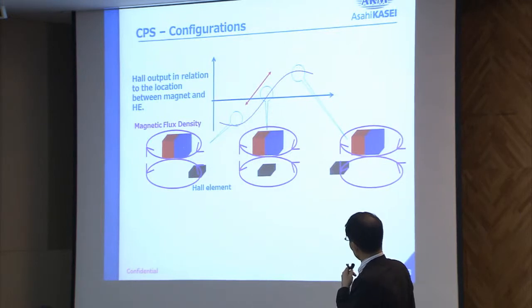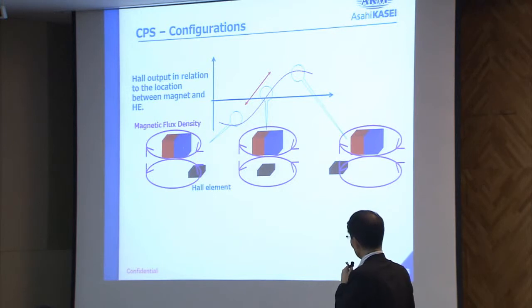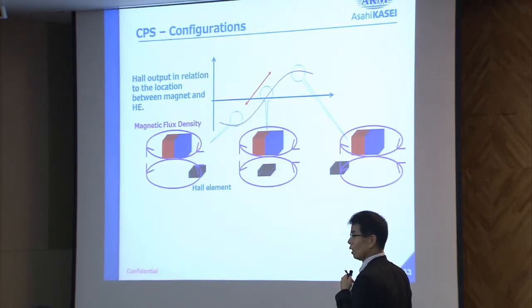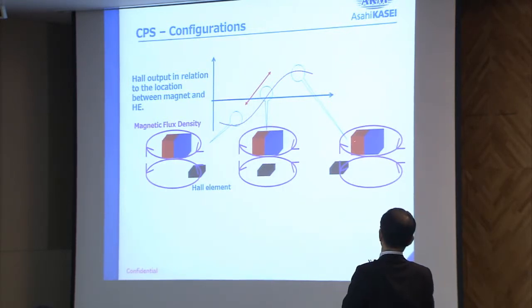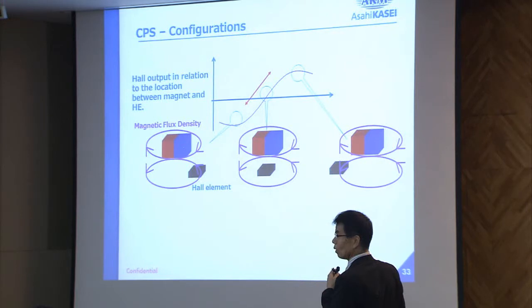And this is the principle of CPS. Depending on the location between the magnet and the Hall element, the output from the Hall element changes linearly. When S4 comes to the Hall element, the output is here. When N4 comes to the Hall element, the output is here.